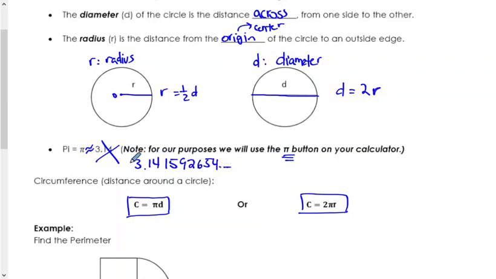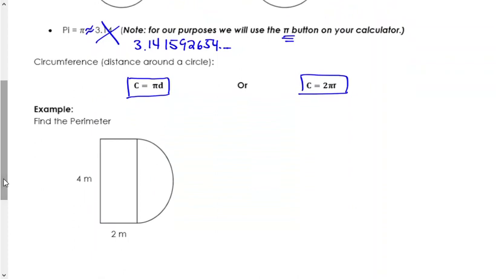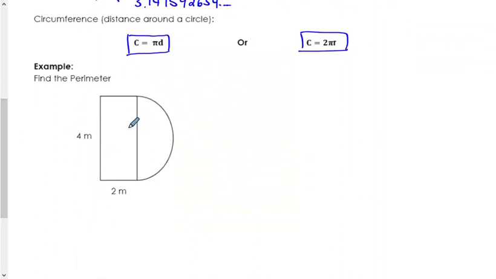Pi is a larger number. When we use just a shortened version of it, we get numbers that are a little bit off and your answers aren't going to be completely correct. So you're going to use the pi button in your calculator for these examples and in your assignment.